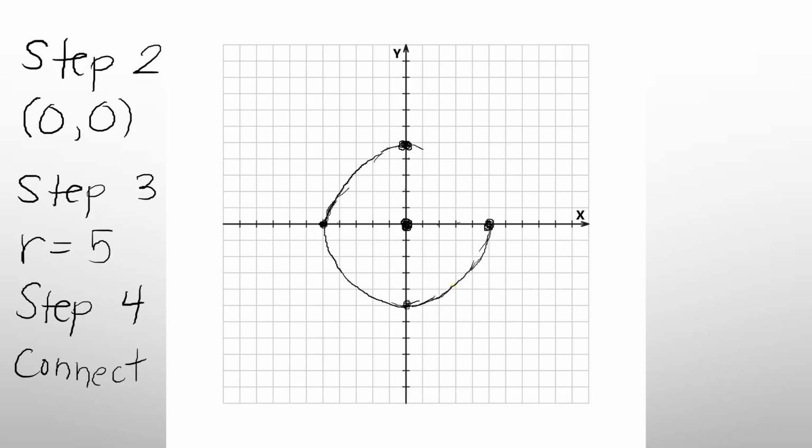And lastly here we connect the points. So students, it is much more difficult to graph the equation of a circle using a pen tablet, but you can do it perfectly with your compass. So this is the radius, 5 units, and the center is at the origin.